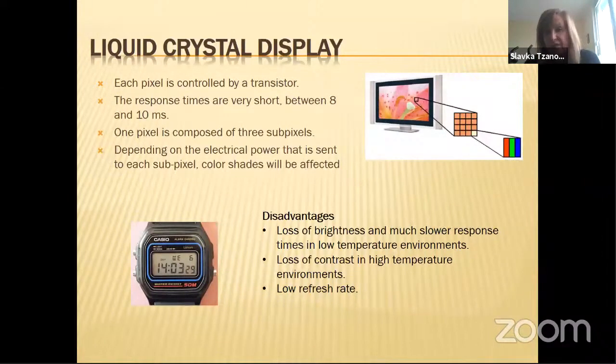I explained already that one pixel is composed of 3 subpixels, red, green, and blue. And how do we obtain these so-called 16 million colors? By changing the electrical power that was sent to each subpixel, controlled by the transistor behind. Here is the microelectronics, the control of the molecules of the liquid crystals, and the color shades were affected by this electrical field.